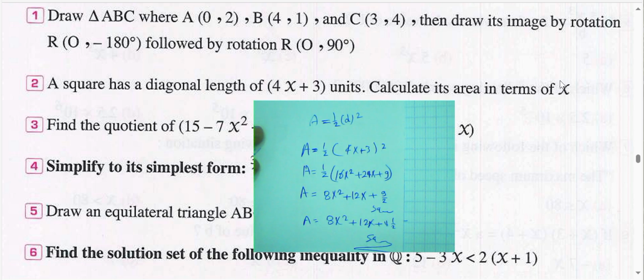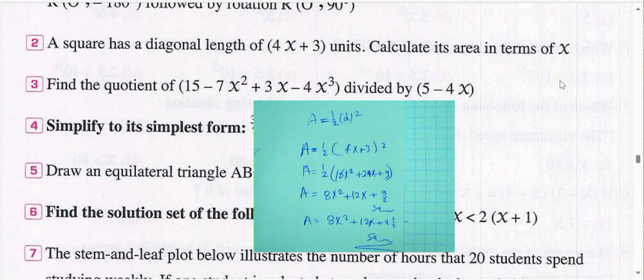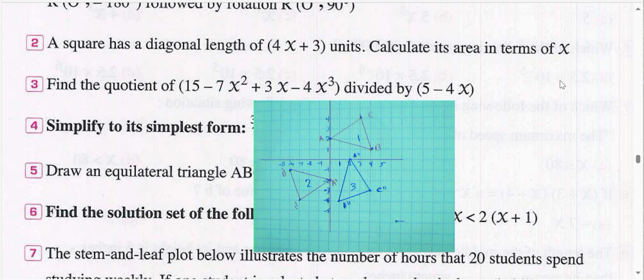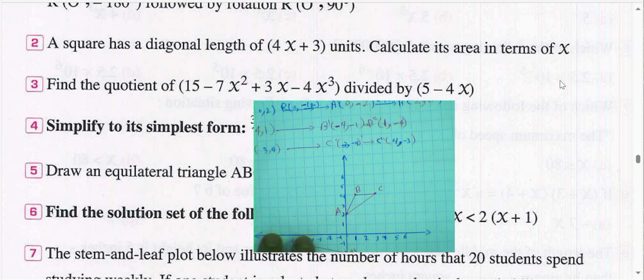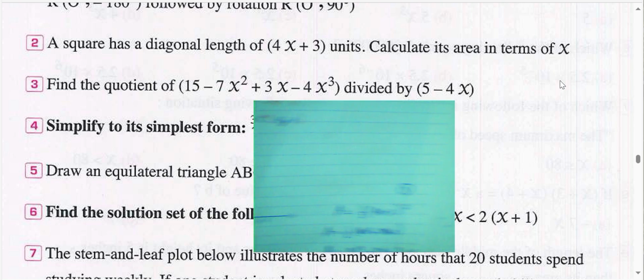Next question, number 3. Find the quotient of the expression divided by another expression. Okay. First step, we must arrange all terms in ascending or descending order, and the divisor also.